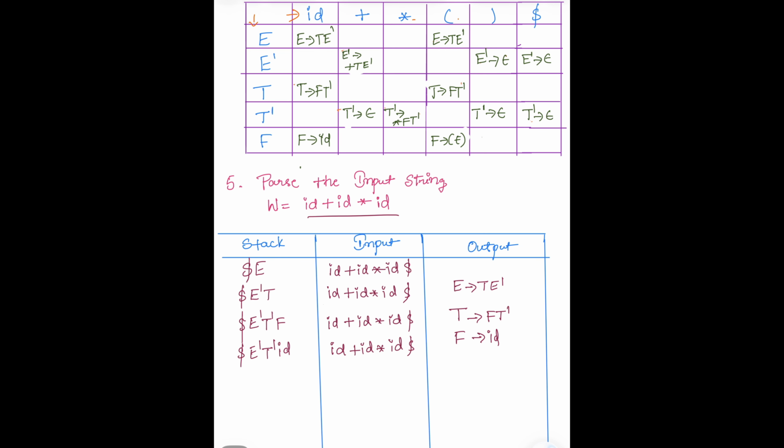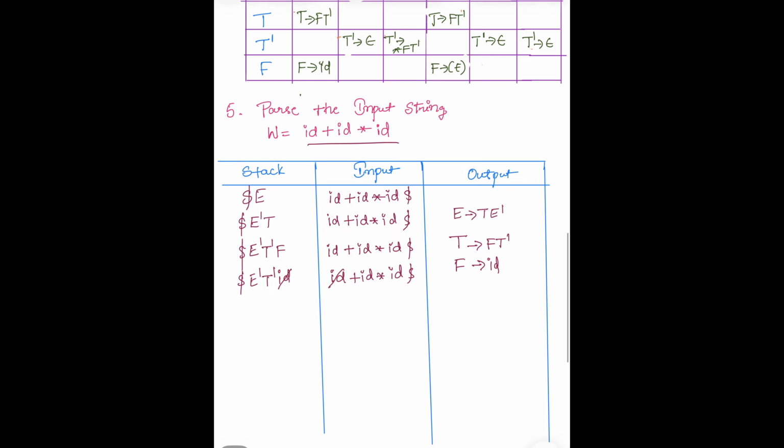ID is the same, so we cancel it. So next it will be dollar E prime T prime. Next, plus ID star ID dollar is my input. Now the top is T prime and the current input is plus.